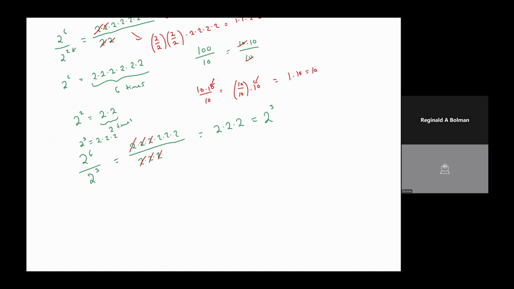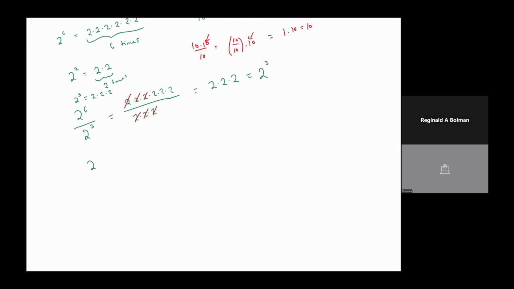And now we can just keep doing this process. We're going to take 2 to the sixth and divide it by 2 to the fourth. We've got 2 times 2 times 2 times 2 times 2 times 2 on top, and we've got 2 times 2 times 2 times 2 on bottom, or 2 raised to the fourth on bottom.